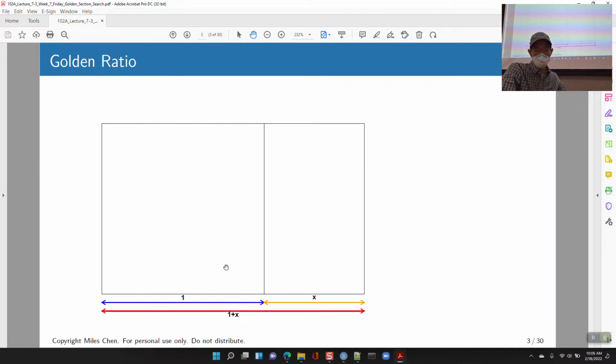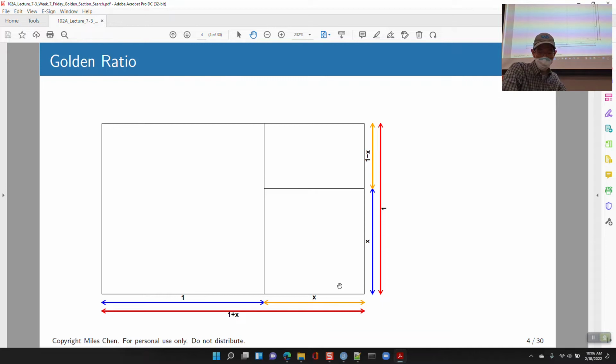So that means when you look at this rectangle over here, and you look at this square, which will have sides of x, and this length over here now has a length of 1 minus x, the ratio between any of these segments, blue to yellow or blue to red or yellow to red, are all going to remain consistent.